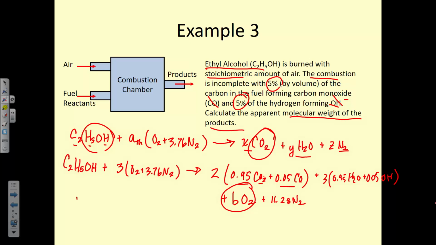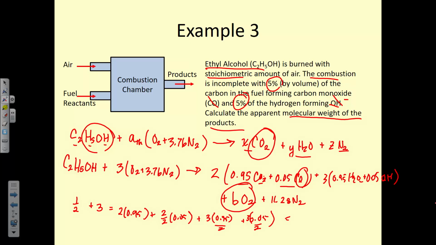side of the equation, we have 1/2 plus 3. On the other side of the equation, we have 2 times 0.95 plus 2 over 2 times 0.05. That's for this single oxygen here. Plus 3 times 0.95 over 2 plus 0.05 over 2 times 3. So that's for this oxygen and that oxygen there.